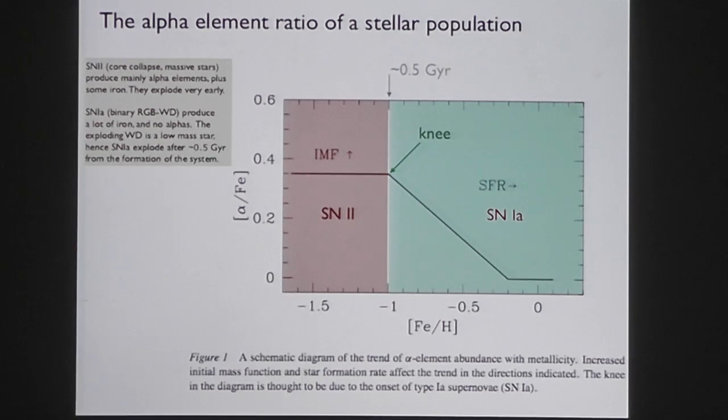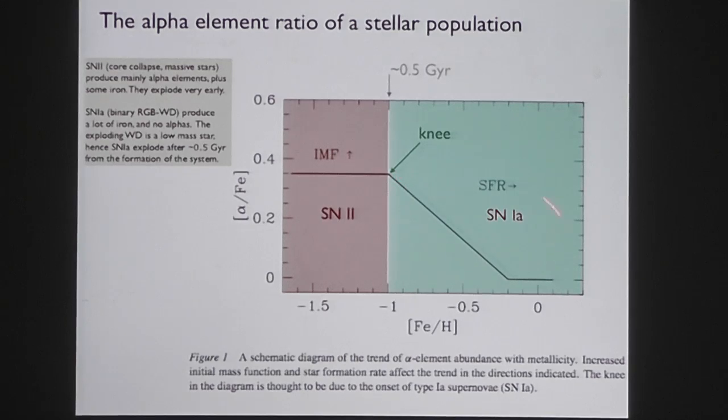If you change the IMF, you change the ratio of supernova coming from 8 solar mass stars compared to the supernova coming from a 50 solar mass star. So you change this ratio a little bit, but you don't change the fact that it's fixed, if the IMF is fixed.